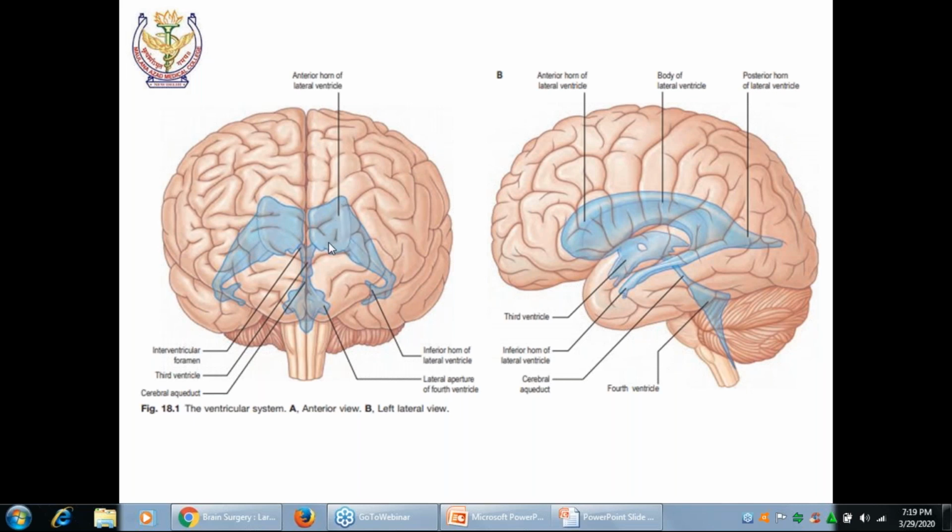So this is how we have the anterior horn projecting anteriorly, a body, and its extension backwards would be the posterior horn, and the inferior extension, which is called the inferior horn, which you can appreciate in this diagram. So that is how we have this cavity, which is called the lateral ventricle.